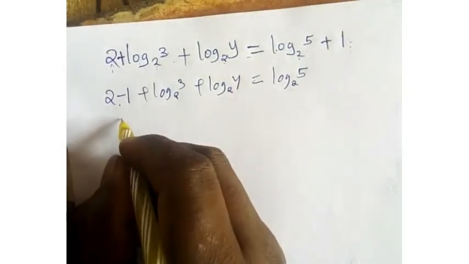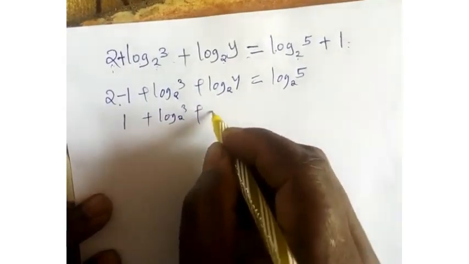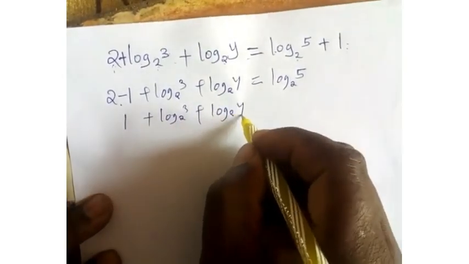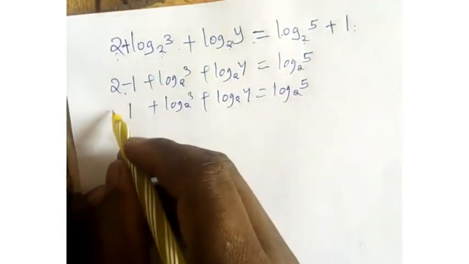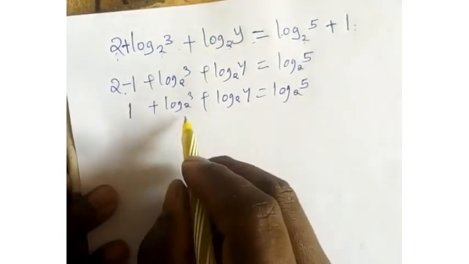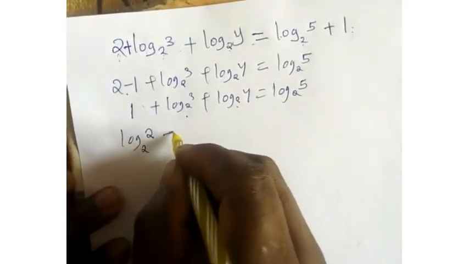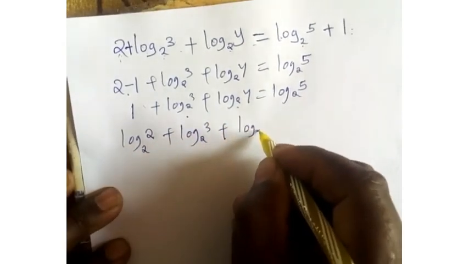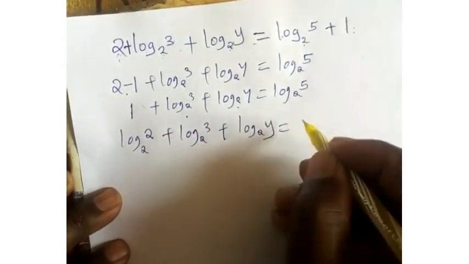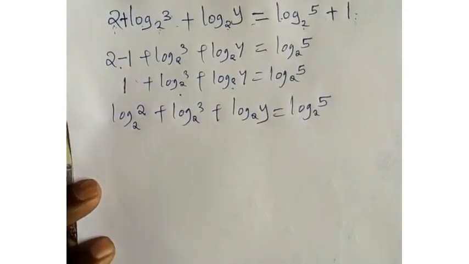The answer here is 1 plus log 3 base 2 plus log y base 2 equal to log 5 base 2. But what do you understand by 1? The base here is 2. It means it is log 2 base 2 plus log 3 base 2 plus log y base 2 equal to log 5 base 2. That is what it means.